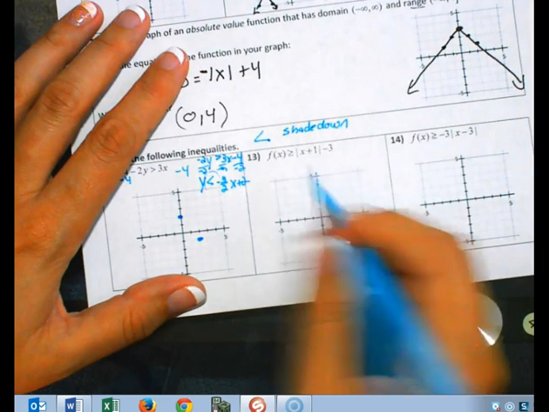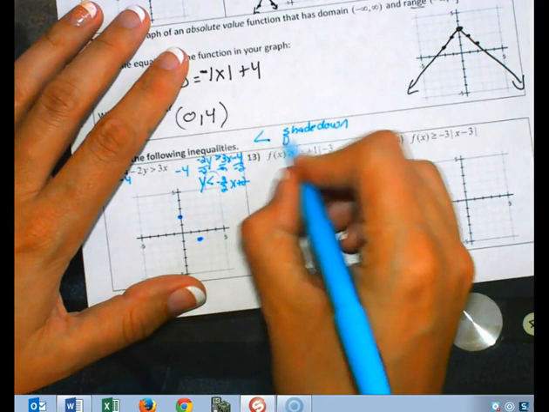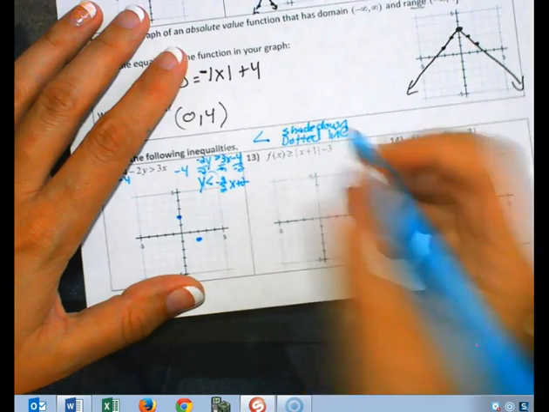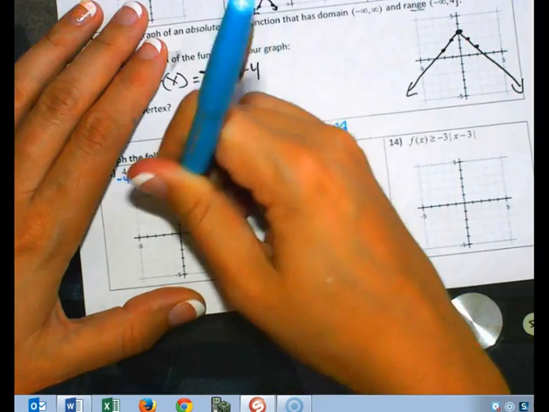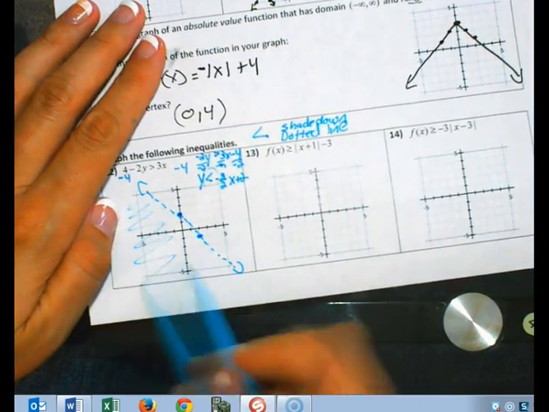And it's a dotted line because it's not equal to. So the first thing I'm going to do is my dotted line, and it's less than, so I'm shading over here.